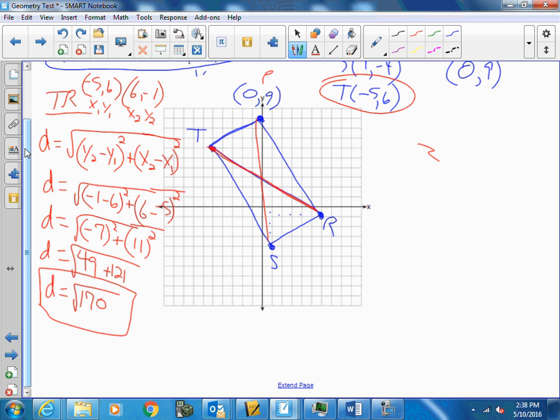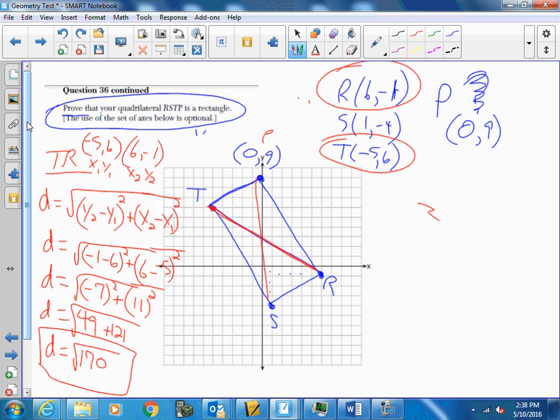Now we need to find the length of the other diagonal. The other one is PS or SP. So you have to use the points that you have chosen now. The one that we found, 0, 9, so we have to use this one. I'll start at P since it's up top here.